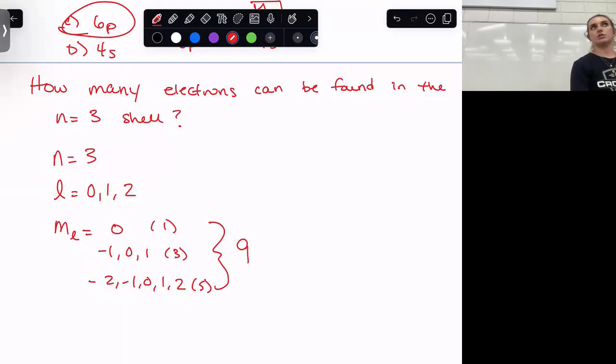So how many total electrons can we have? 18. Does everyone see how we got to 18 from the question?